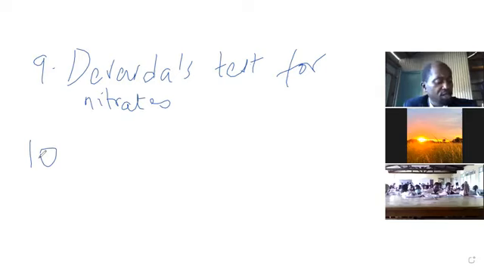Acidified potassium manganate 7 or acidified potassium dichromate 6. Now, under inorganic chemistry, these are used to identify sulfite ions.